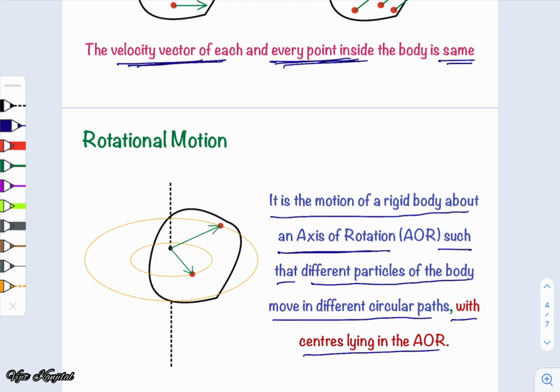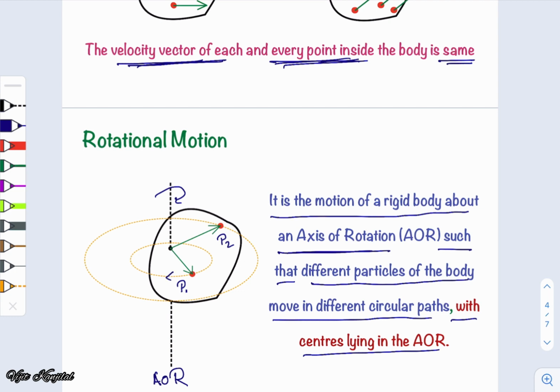So here we are given a rigid body, and here I am considering 2 points. Let's say this point is P1 and let's say this point is P2. We are assuming that this entire body is rotating with respect to this particular axis, and we call this the axis of rotation. Whenever this rigid body is rotating with respect to this axis, this point P1 is rotating in this circle.